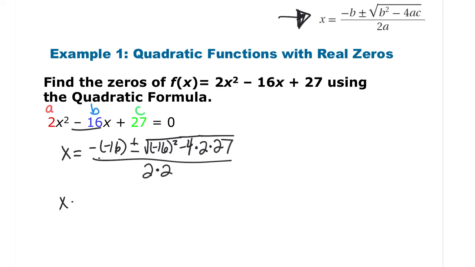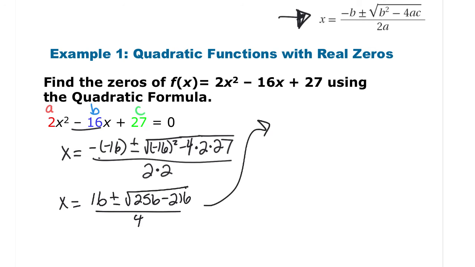So here we go. The first part we have negative 16, so that'd be a positive 16 plus or minus. Underneath the radical, we have the square root of 16 squared, that'd be 256, minus 4 times 2 times 27, which is 216, all being divided by 4.